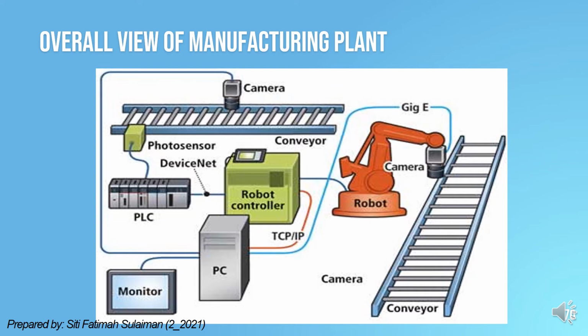This slide illustrates the overall view of a manufacturing plant. As you can see in the figure, the robot manipulator is used in the plant to facilitate operations. Now, who controls the robot? The robot is actually controlled by the robot controller.